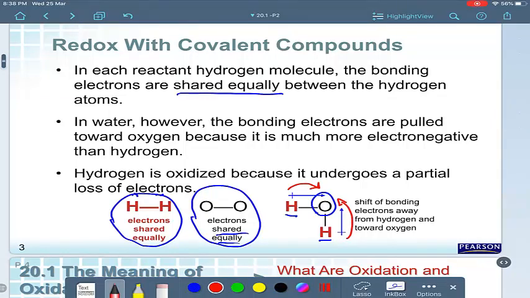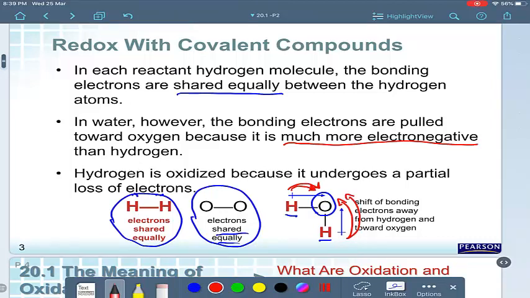Because oxygen has much higher electronegativity than hydrogen. For this reason, we can say what happens to hydrogen here: we cannot say lose, but partial transfer of electrons. Almost like losing. We said before, if an element loses electrons, even partially or completely, it means oxidation. So hydrogen here is oxidized.